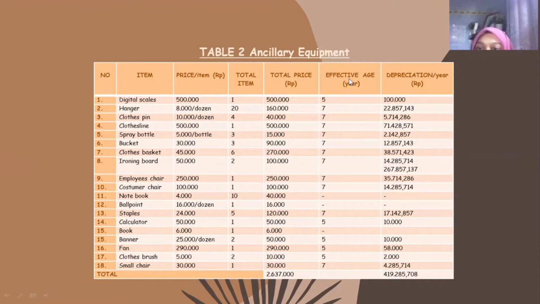And we have effective age and we get the depreciation for every year is 419,000 and 285,708.